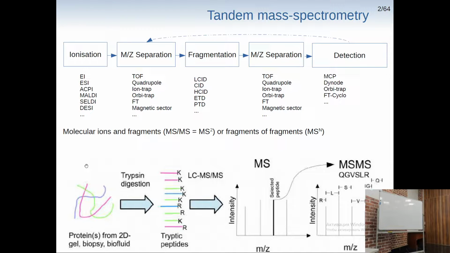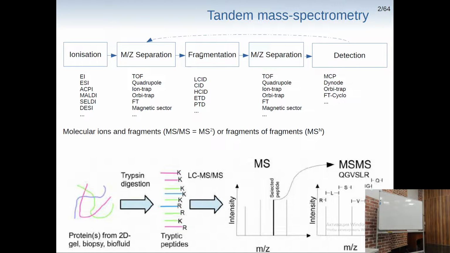We have our ionization, we have first separation, for instance mostly quadrupole separation, where you can select only one peptide, or actually one m/z ratio. Then you have a collision cell, which is also in fact a quadrupole, just filled with some gas, be it nitrogen or argon, or even something heavier, but mostly nitrogen, it's cheaper.